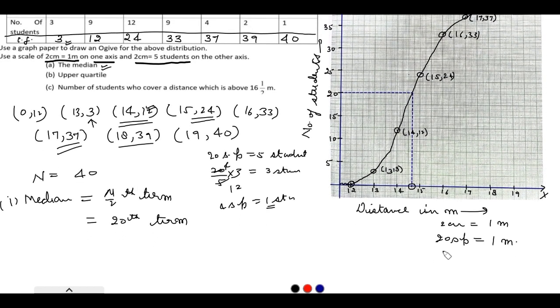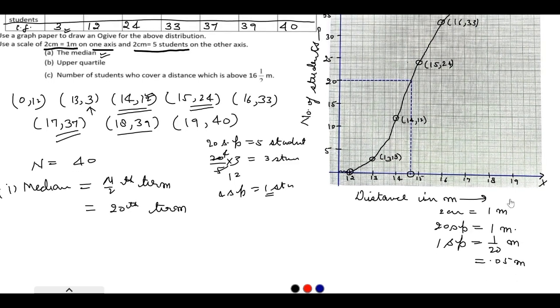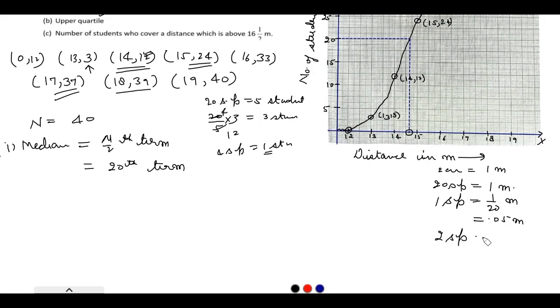Now 1 small part is equal to 1 upon 20 meter, means 0.05 meter. We can simplify this a little more: 2 small parts is equal to 0.1 meter. Now it is 4 small parts, and if you count from 14 this is 14 small parts, which will be 0.05 multiplied by 14, means 0.7 meter. So median is 14.7 meter.